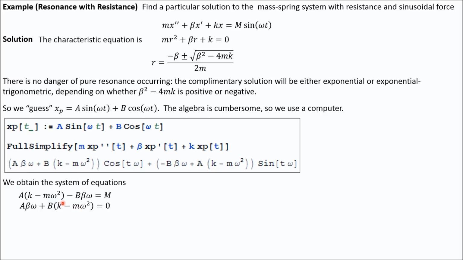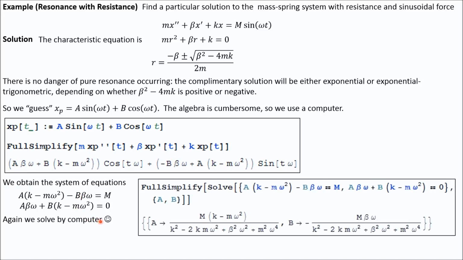Now k, lowercase m, omega, and beta are all constants that are supposed to be given in this problem. They would be empirical constants, numbers. What's unknown is capital A and capital B. We can solve for them just using a computer.